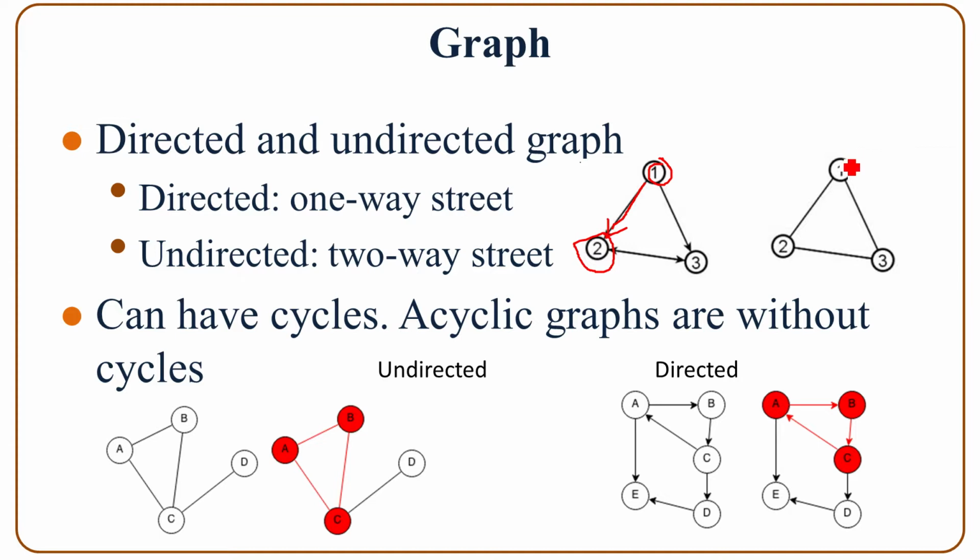A graph can have cycles. Acyclic graphs are ones without cycles.